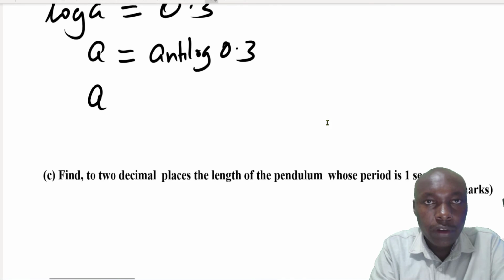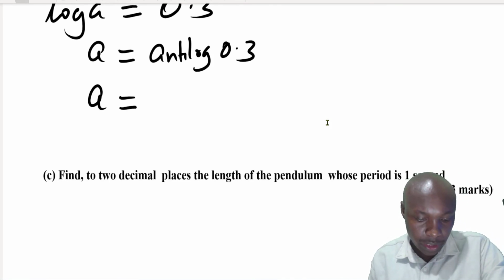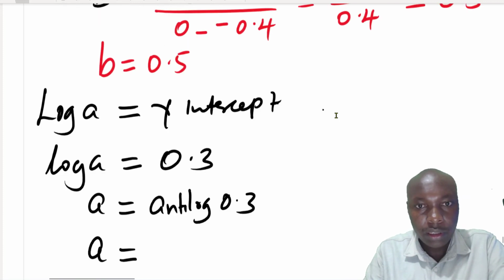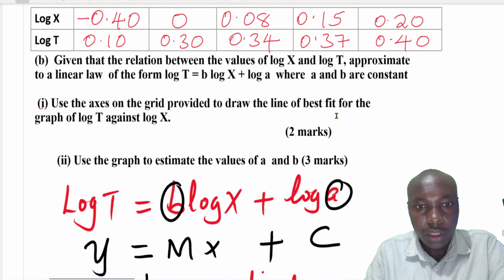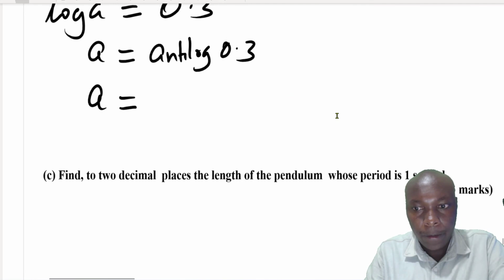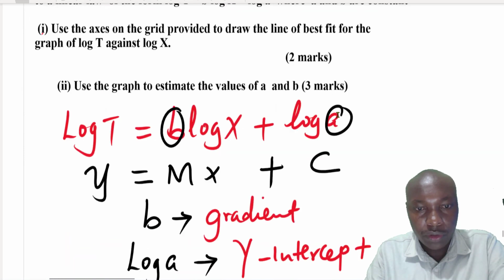So A will be given by the antilog of 0.3, which gives approximately 1.995. The question requires you to leave it in 2 decimal places, because we are filling the table to 2 decimal places.